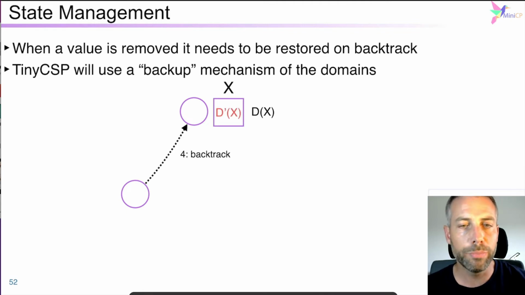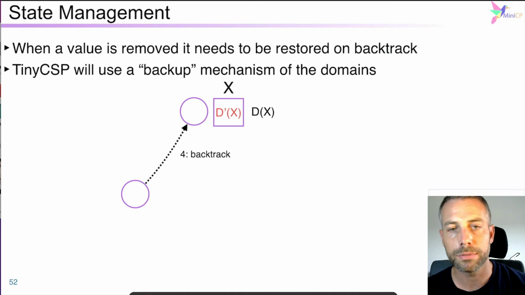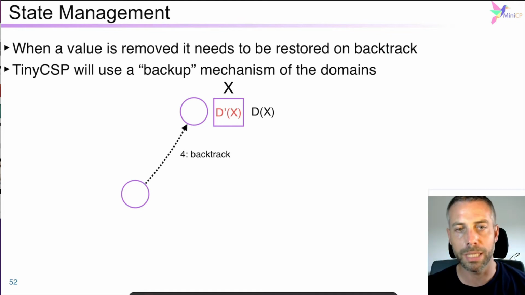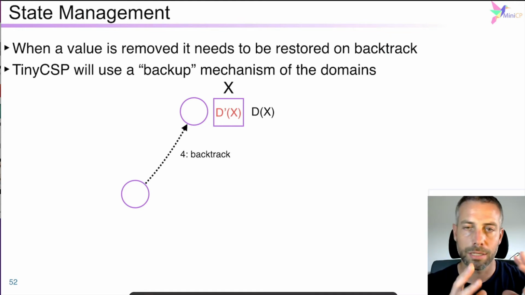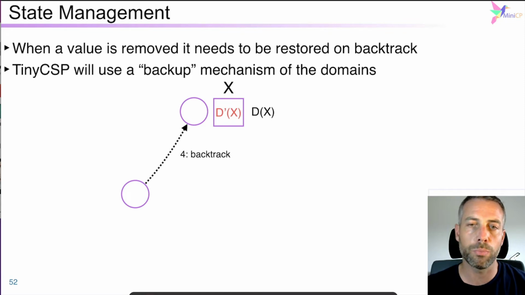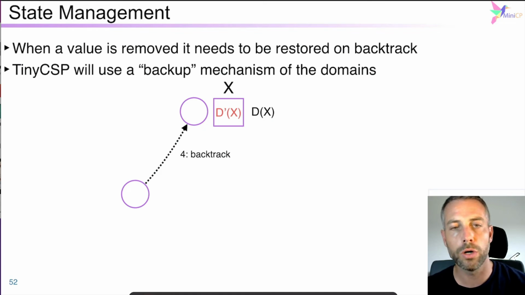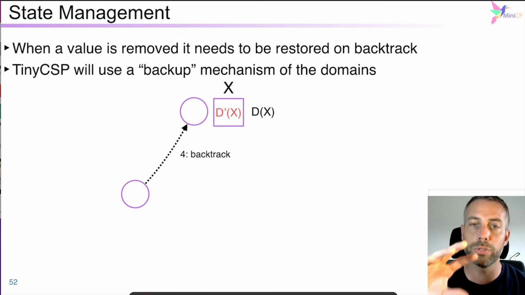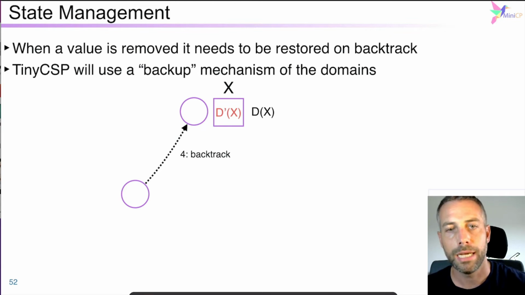So when you backtrack, you need to restore the domain. The problem is that the variable X now has a modified domain D prime, okay, the one that was computed below during the fixed point. But before branching, we decided to clone the domain D of X. So what we need to do now is take this cloned domain and put it inside the variable X. And so we replace the domain like that.